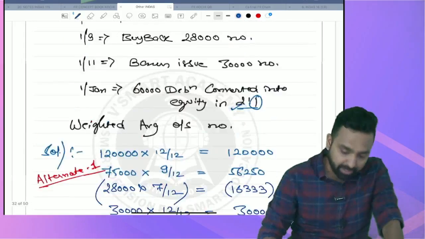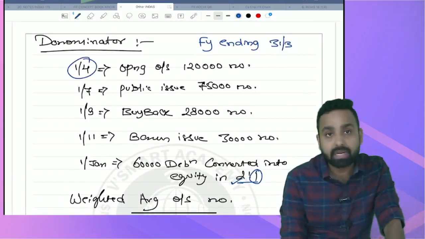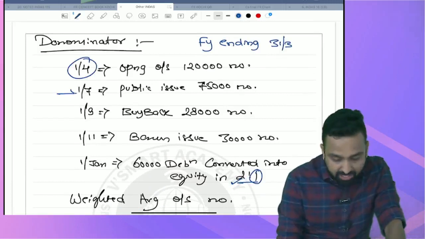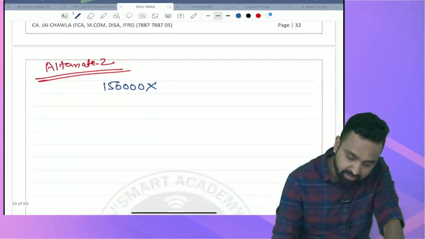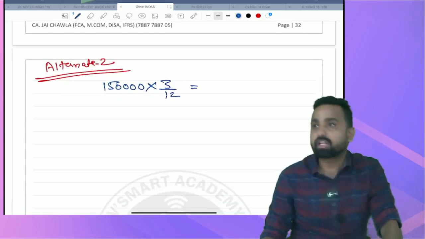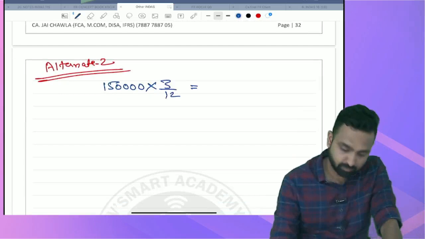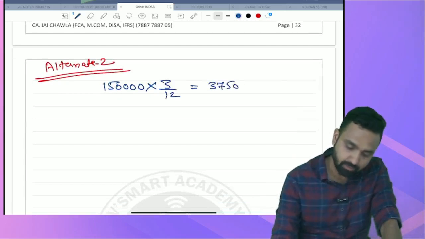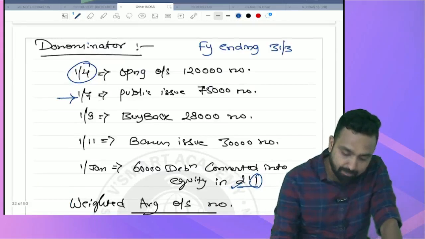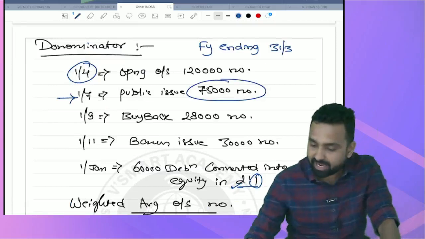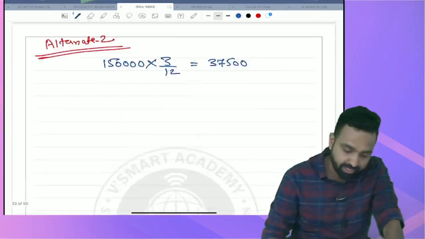So what you need to do is 150 multiply by, now see, April, May, June, till the next date I will take 3 months. Do it. 37,500. Now 150 plus public issue added, it's 225.